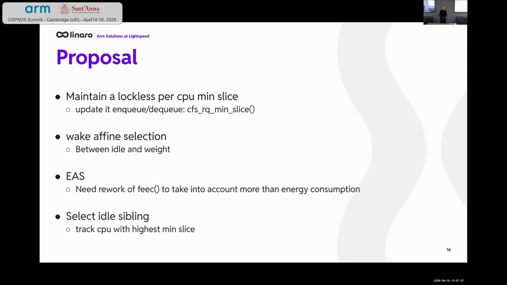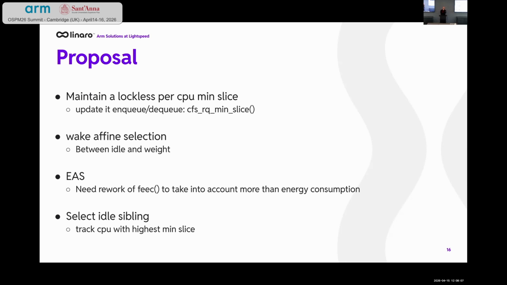Is there some other way to extend using the min slice to figure out how long you would wait on that CPU? So if the point is to say, I want to reduce my scheduling latency as much as I can, is there some way to? So yeah, there are a few other things right now. I haven't yet figured out all the root reasons of this large maximum scheduling latency.